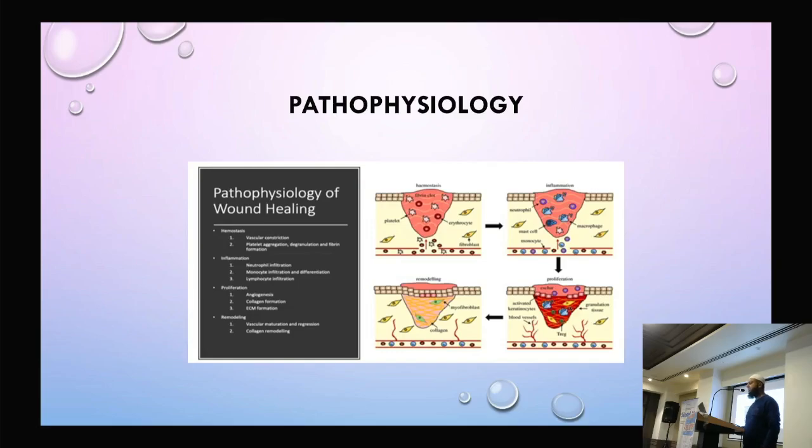Third is proliferation, when the fibroblasts take over and start forming collagen. The main collagen formed in the early phase is type 3 collagen, which is stiffer, and there is extracellular matrix formation from these cells. Then the wound undergoes remodeling, where more mature natural tissue is formed over a period of time, and type 3 collagen is converted to type 1 collagen.